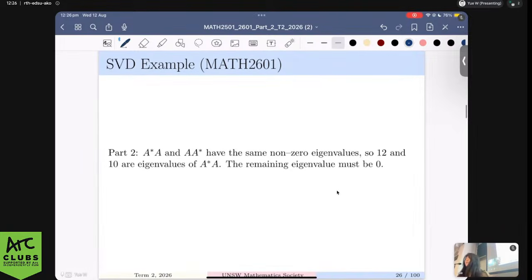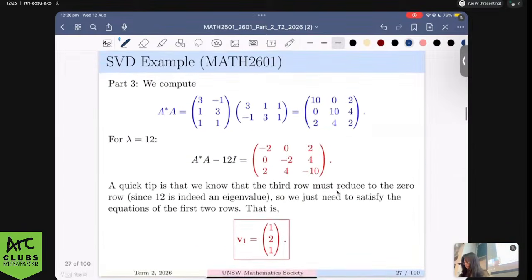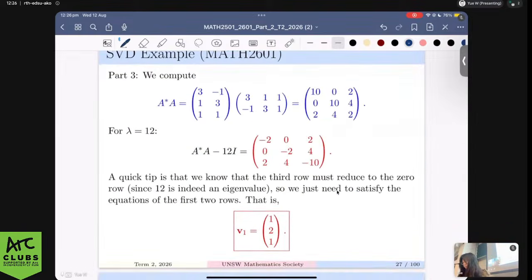And then part 2 is very straightforward. From our theorems from before, A adjoint A and A A adjoint have the same non-zero eigenvalues. So that means 12 and 10 are eigenvalues of A adjoint A as well, and the remaining eigenvalue must be 0. For part 3, you just want to compute A adjoint A. Again, it's a bunch of tedious matrix multiplication.